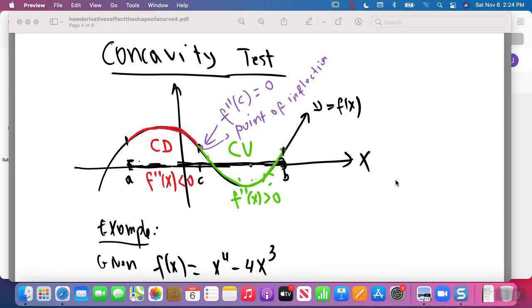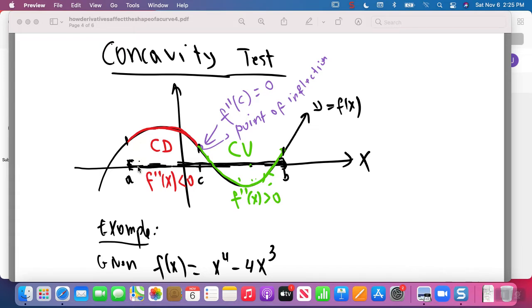Hi. So in this section, we will still talk about the concavity test. So what is this concavity test? Well, if the second derivative is negative on a given interval, like in this case from A to C, the second derivative is negative on this interval.